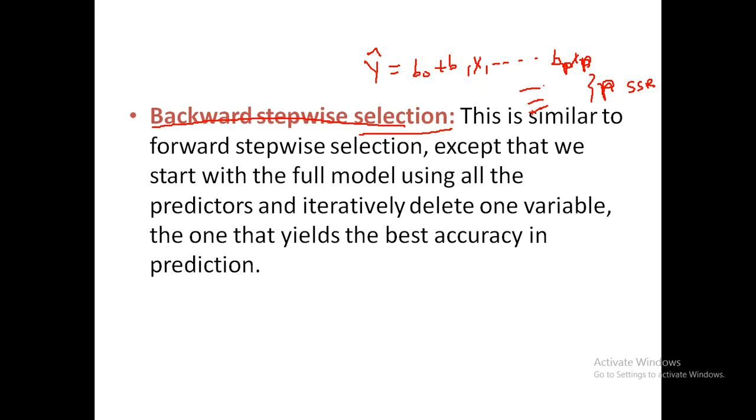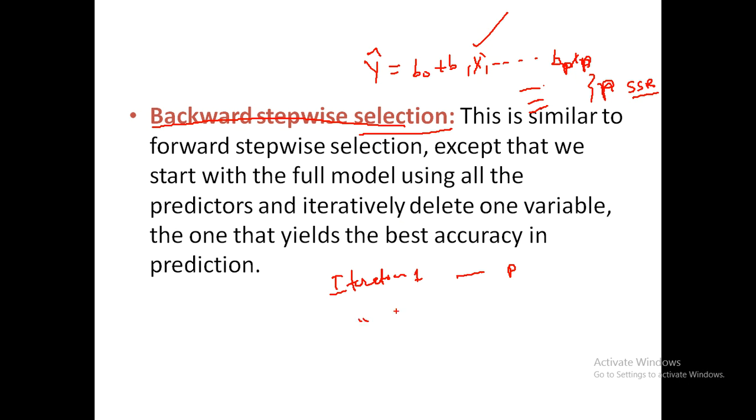Again in the next iteration, you construct the p minus 1. So iteration 1, construct p number of models by keeping one of the variables absent. So whichever gives least SSR, that particular variable will be absent forever.